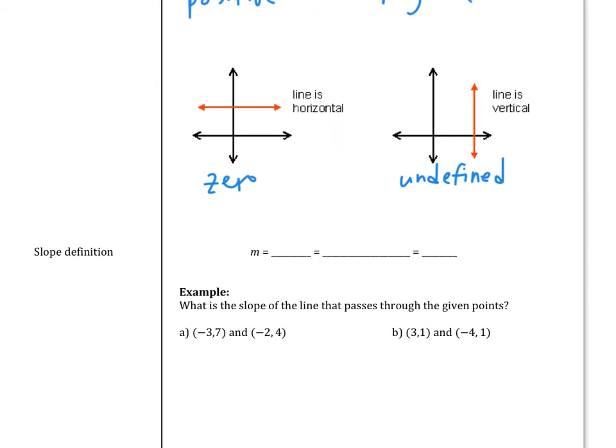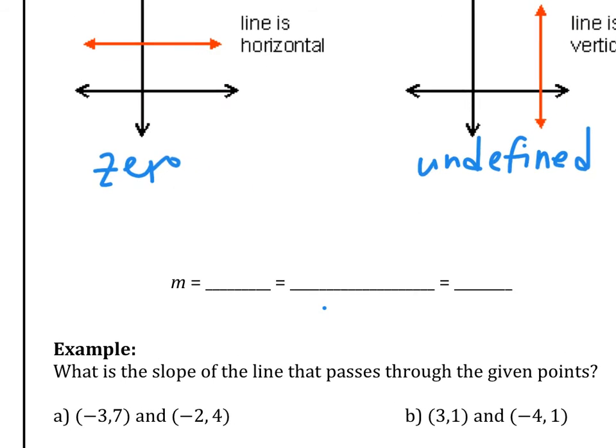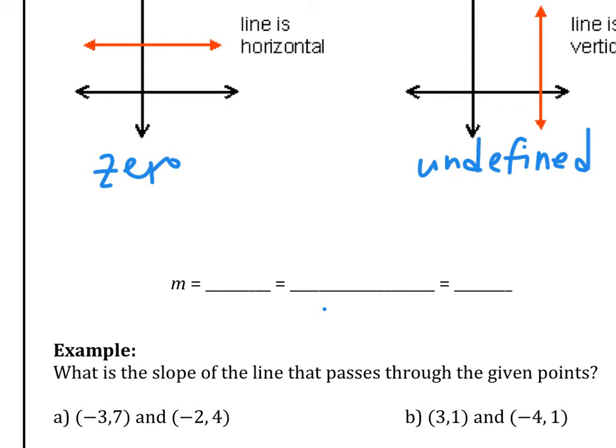Now, slope definition, there are a few. Typically, what we do is we remember that slope is the rise over run. We always say rise over run. And then we remember that the formula for slope is y2 minus y1 over x2 minus x1.